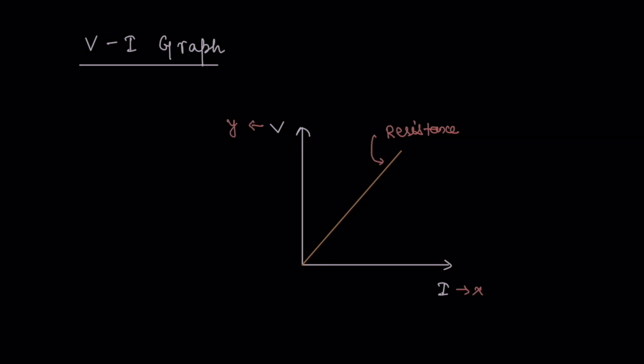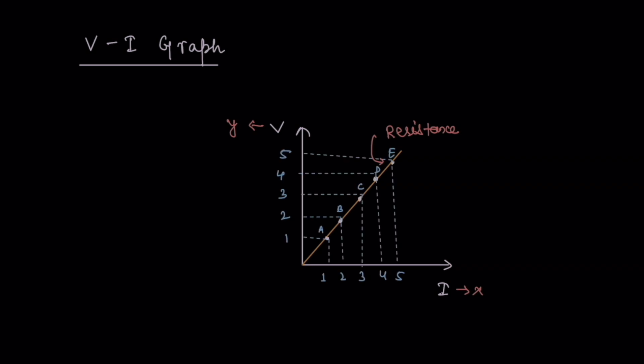If we try to understand it more properly, we can plot. Here we plotted the points A, B, C, D, E. At A, current is 1 ampere and the voltage is 1 volt. At B, current is 2 ampere and the voltage is 2 volt. Similarly, E has 5 volt and current is 5 ampere.